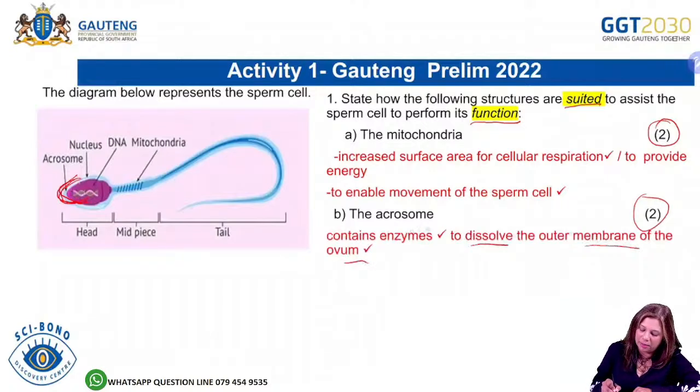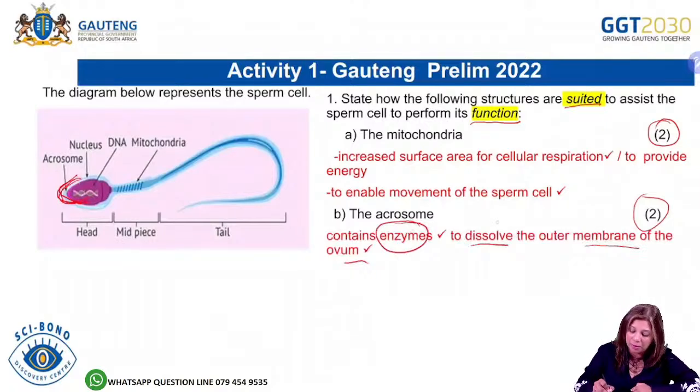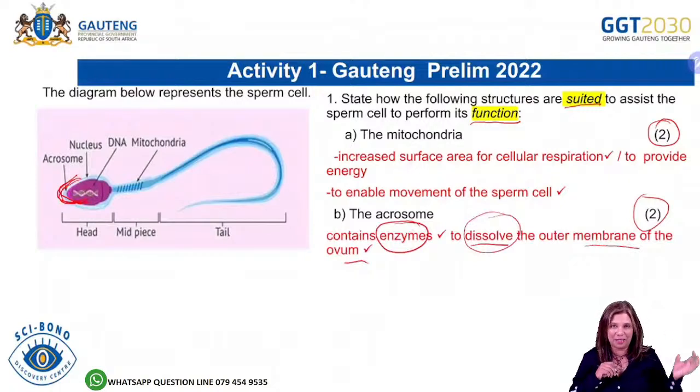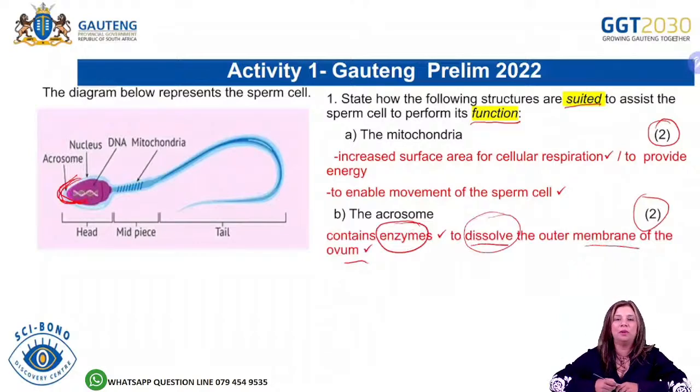So what does it have in its structure? It's got enzymes. What is the function of the enzymes? To dissolve. Do you see? Structure, function, structure, function. Because if you had to just say the acrosome dissolves the outer membrane of the ovum, you would only get 1 mark. And we know in the exam, this is your future. No pressure, eh?